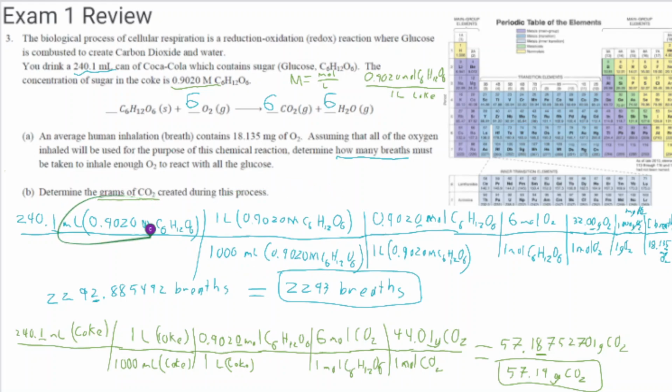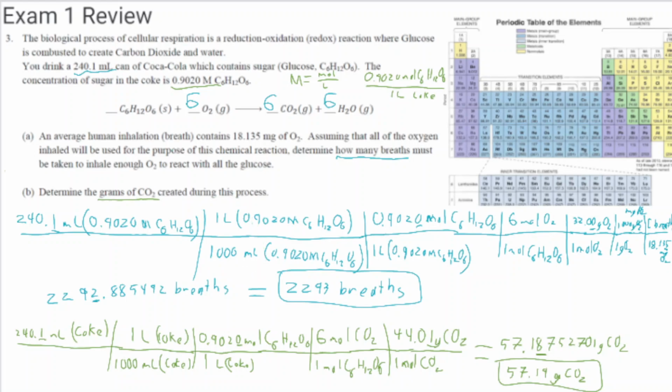You knew you'd eventually need to use liters to moles, and you knew everything else. That's fine. Try to make a note in your work that you know you need to go from liters to milliliters, but you have no idea what that conversion is. That's fine. Or, you're very lucky in the fact that you're doing the exam on a computer, so you can actually look that up. You could Google how many liters are in a milliliter. That'd be fine.